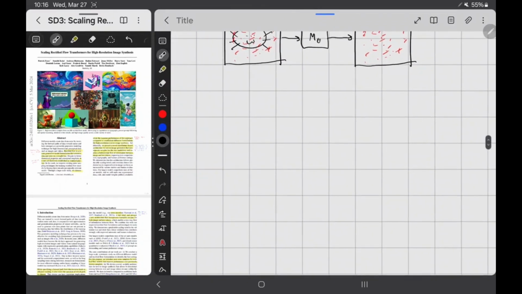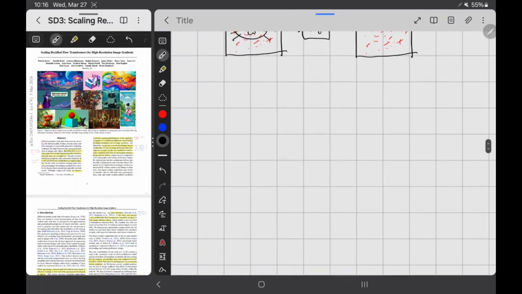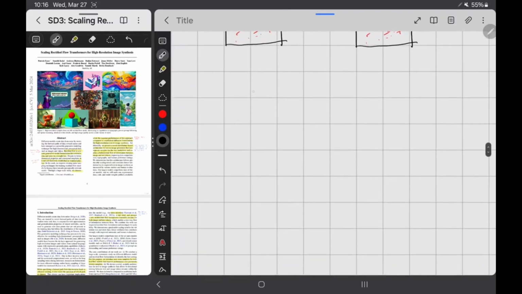DDPM discretized it, so t was in 0 to 1,000, but it's the same with a continuum. Anyways, DDPM essentially does this noise matching objective.